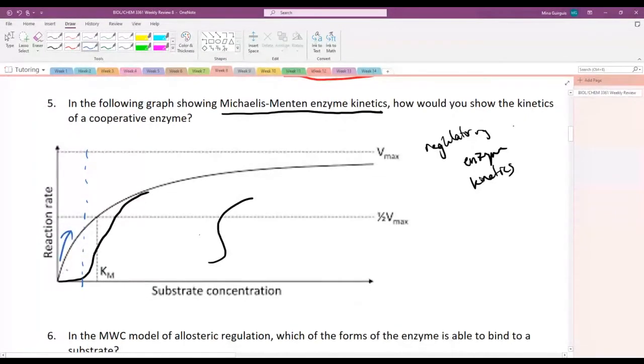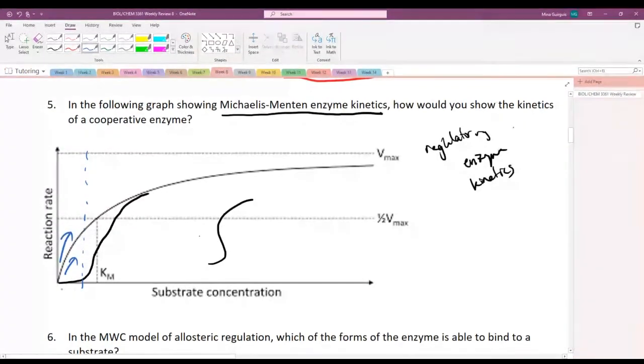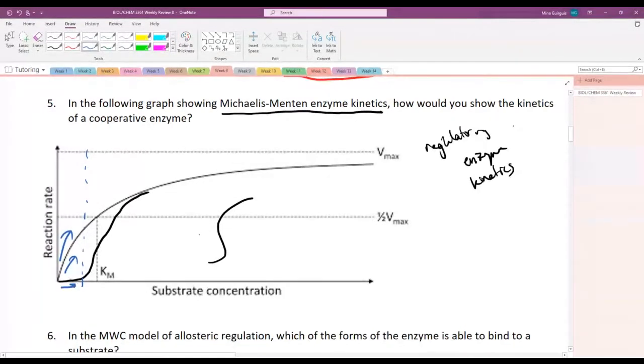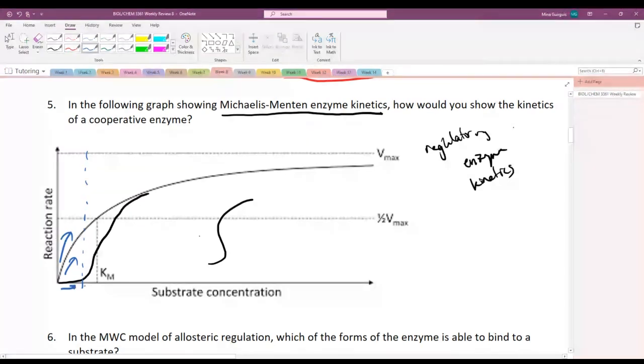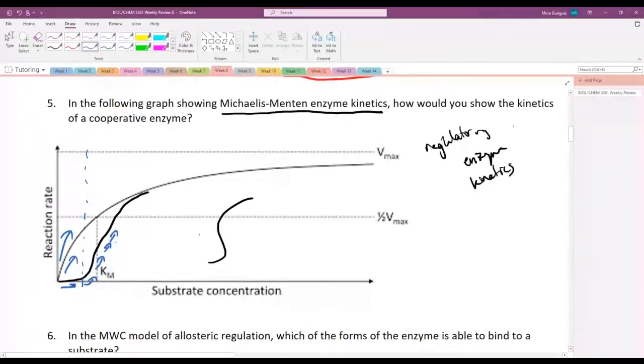So let's just look at, and I'll do it in blue, this first section, okay? This reaction's going great, very fast, very, very effective. This is very slow, okay? Why? Because the first binding is the most difficult binding, okay? As soon as that first one binds, we show positive, like the reaction rate shoots up, okay?